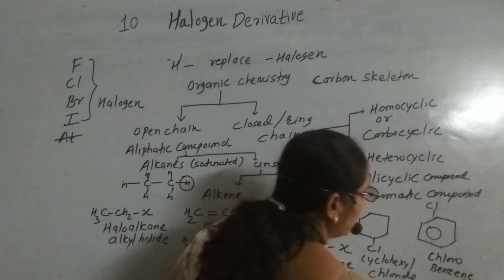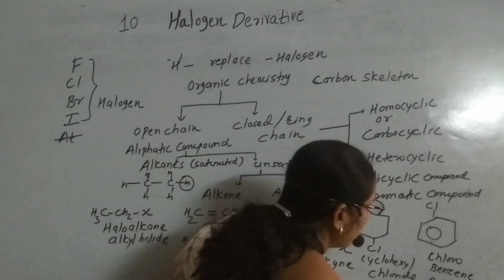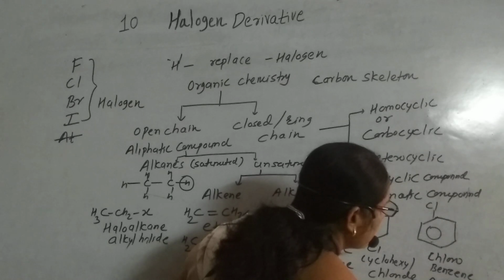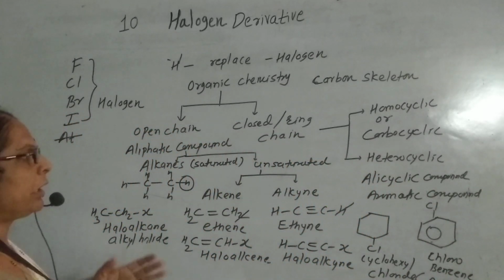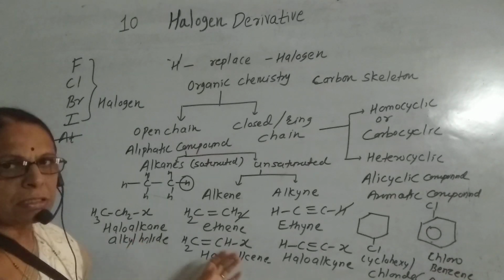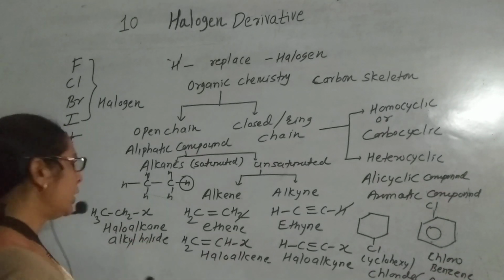When I consider this as an aryl halide, this is chlorobenzene. So in this way, on the basis of the carbon skeleton, we consider the classification of halogen derivatives.